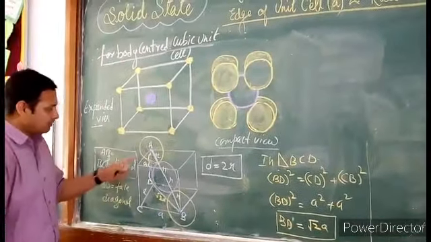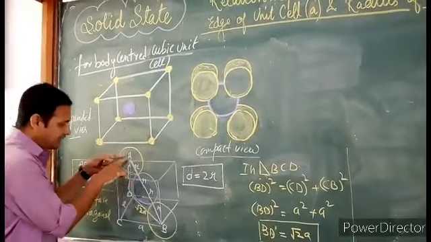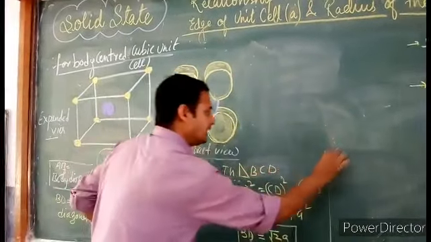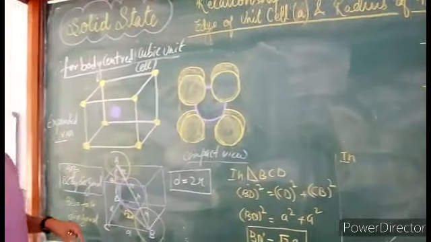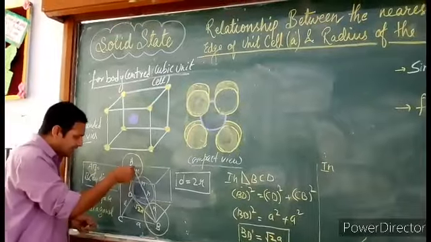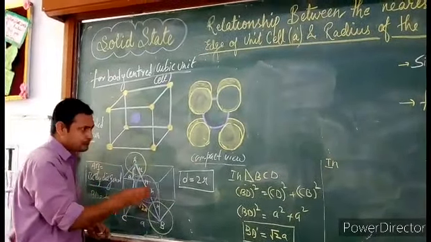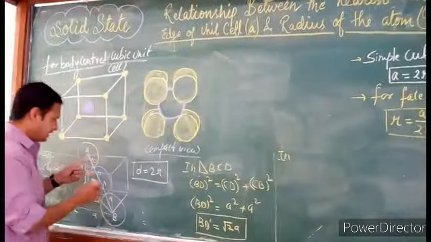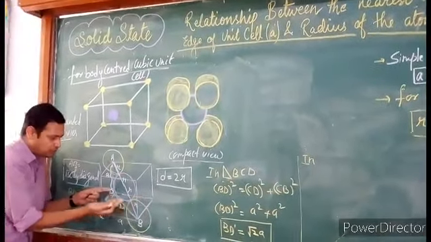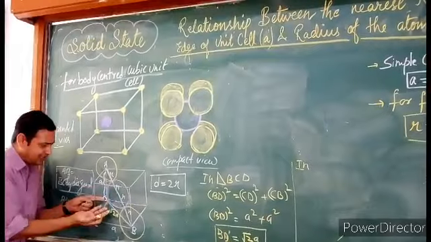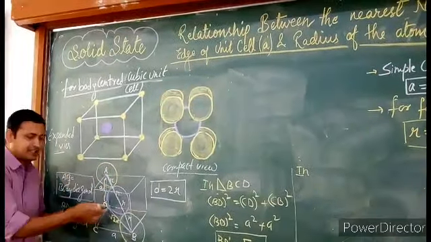Now consider one more triangle, ABD. In triangle ABD, which is again a right angle triangle, since this is the base of the cube, the angle between the base and the edge is 90.